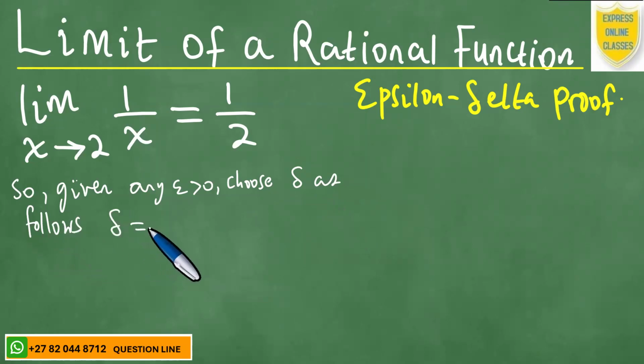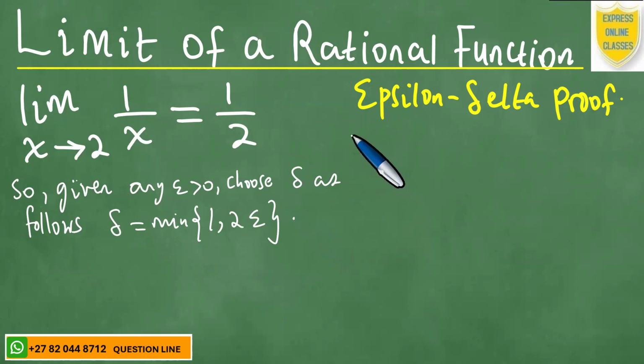So we choose delta to be the minimum. We chose 1, but there is also 2 epsilon as well.